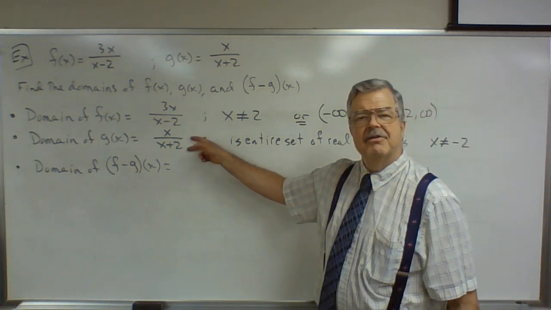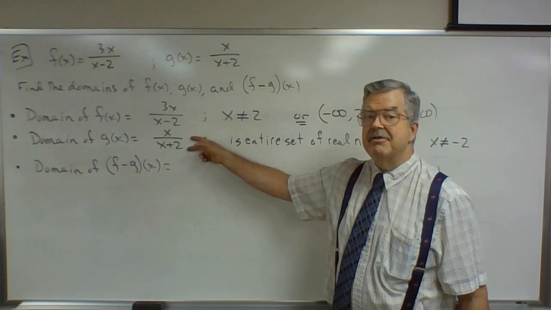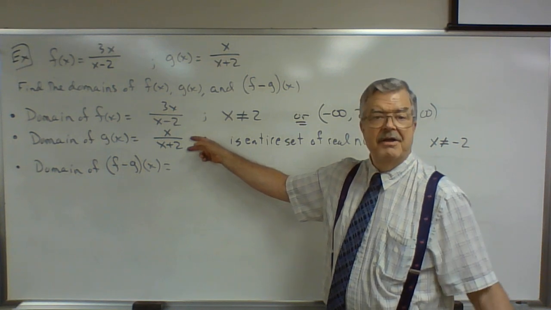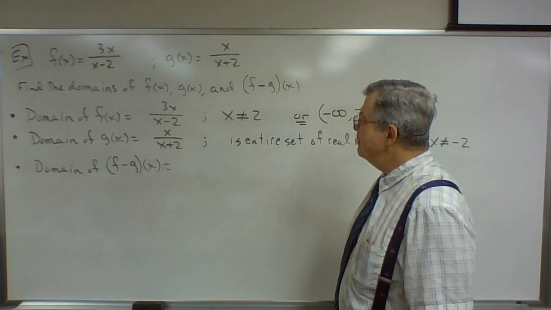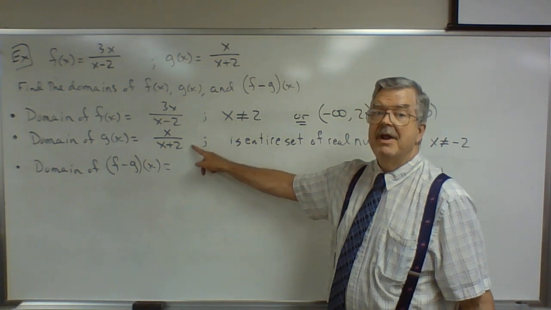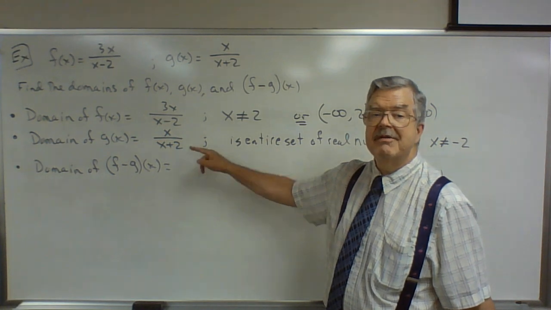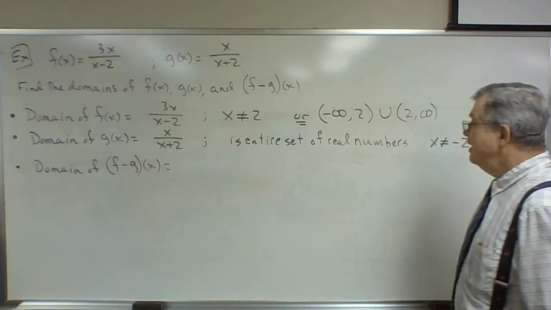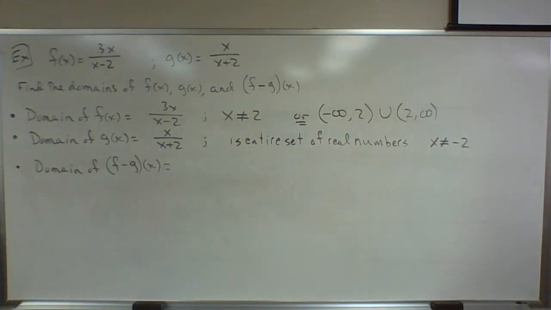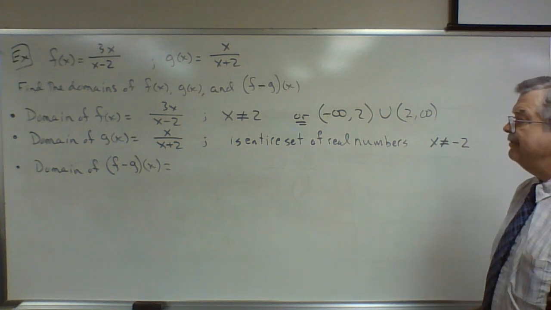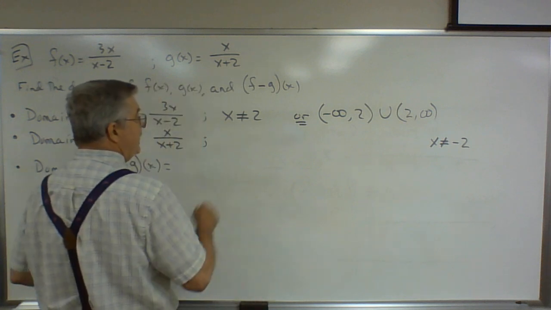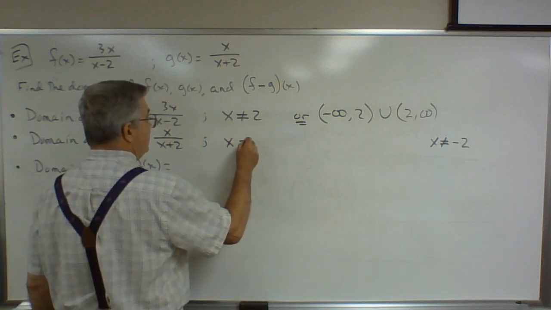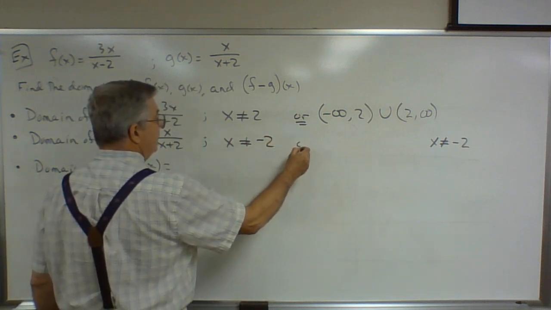Are there any other x values that we should exclude? Do any x values cause us to have a negative under a radical? To have the square root of a negative number or an even root of a negative number? Nope, we're not computing a square root or an even root of anything. So we modify our definition of the domain of g of x, and we say x is not equal to -2.